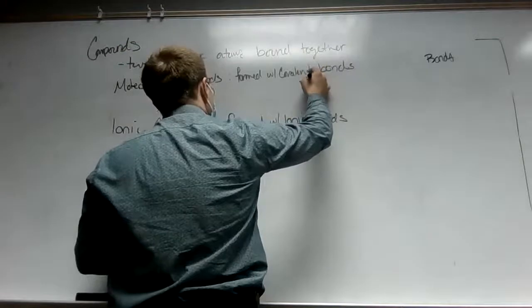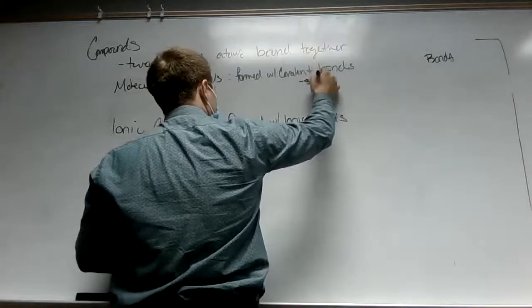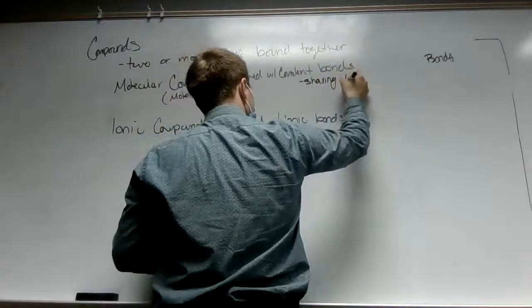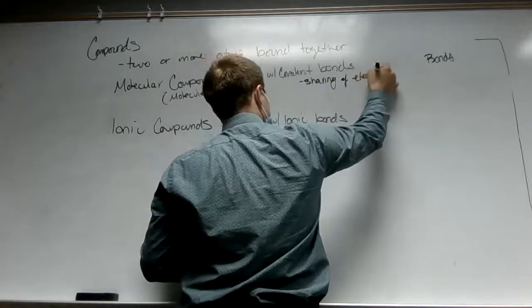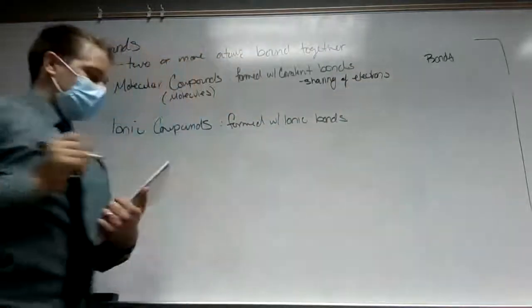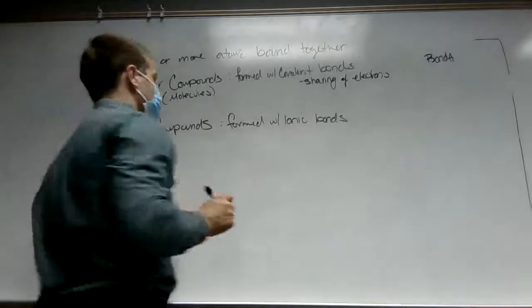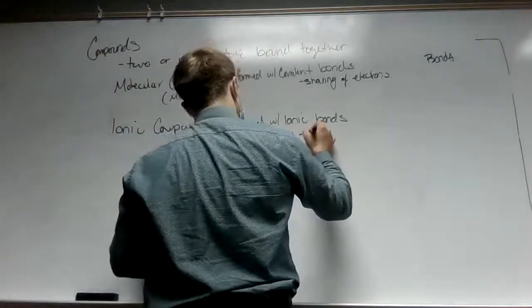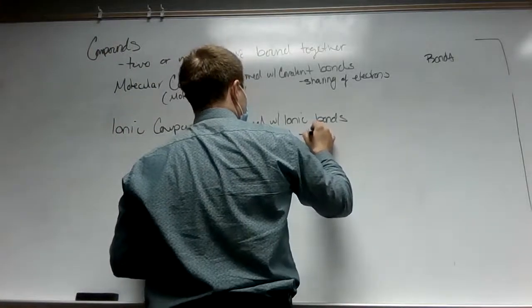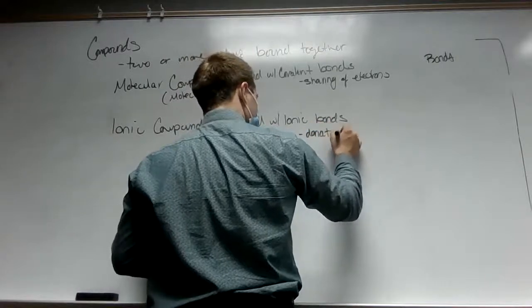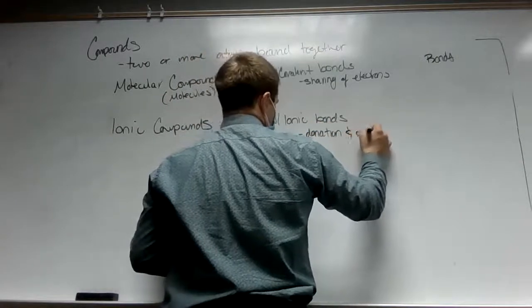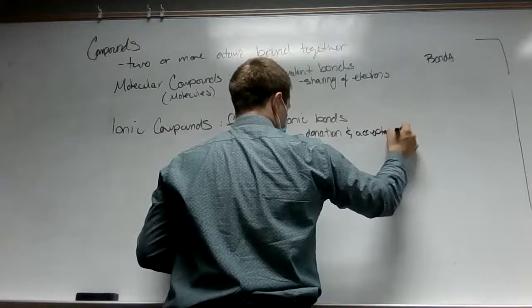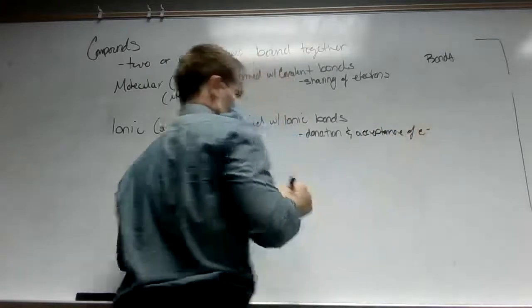Covalent bonds are sharing of electrons, whereas ionic bonds are donation and acceptance of electrons.